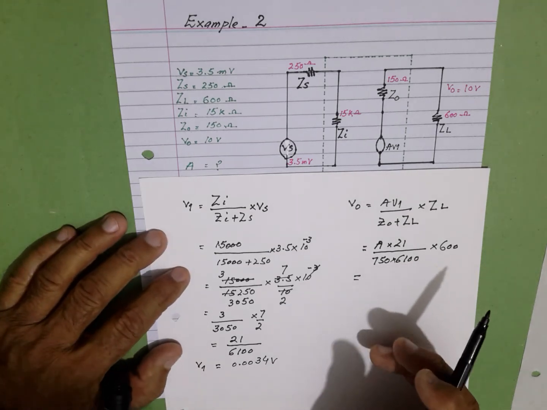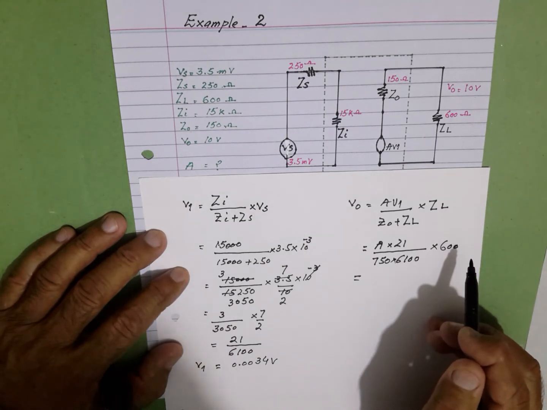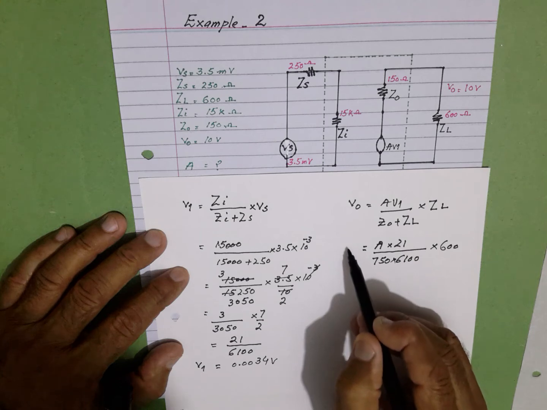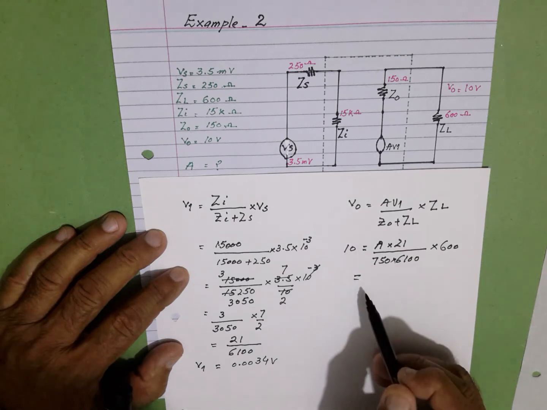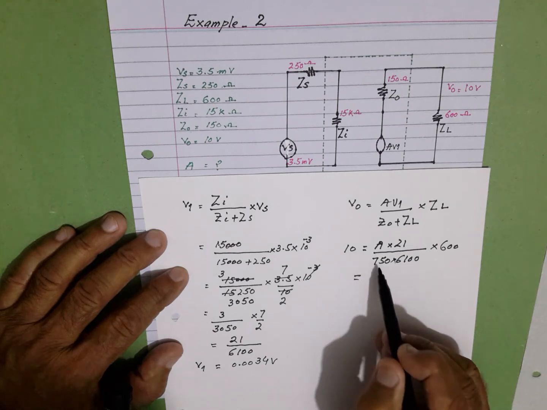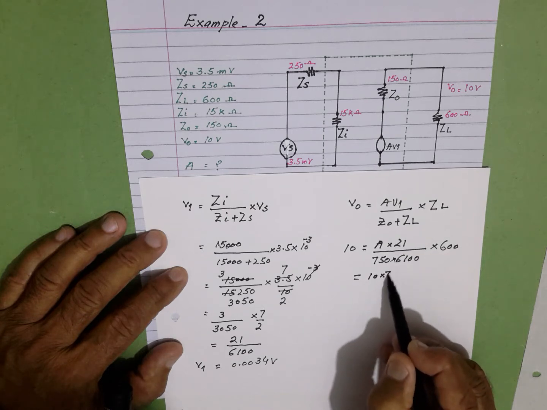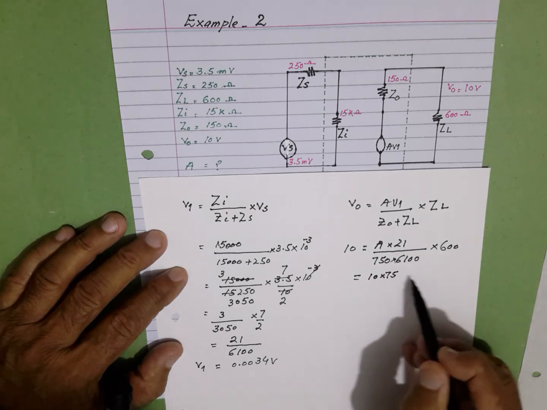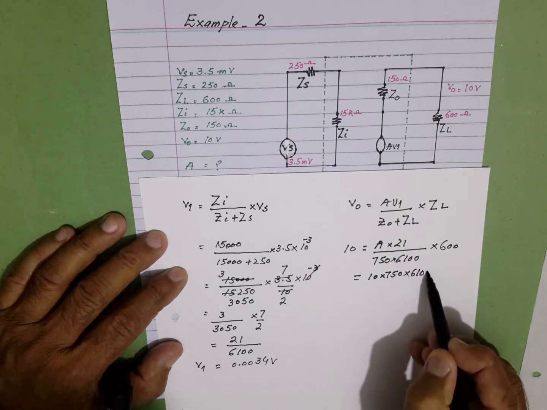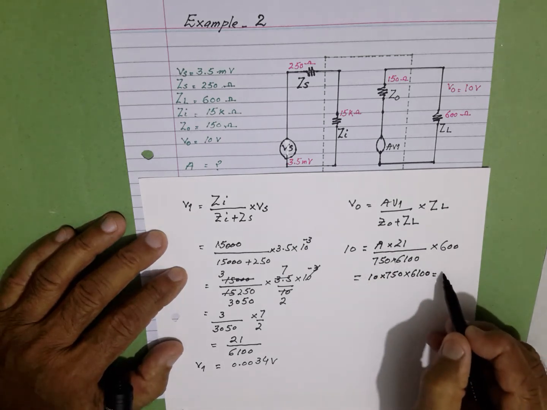V naught was given as 10 volt. Now by transposing we will multiply this with this, and it becomes 10 multiplied by 750 multiplied by 6100 is equal to A into 21 into 600.